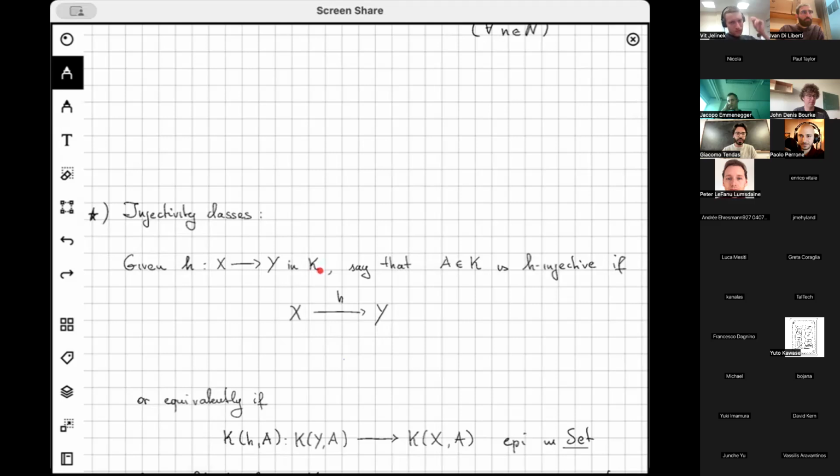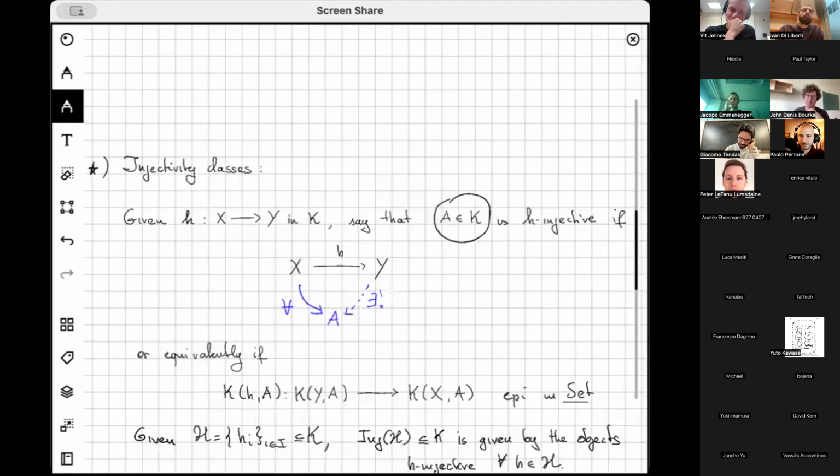So assume you are given a category K and a morphism H from X to Y in K. We say that another object, A, is injective with respect to H, or H injective, if you have this property. So for any map into A, there is a factorization through H. Okay?